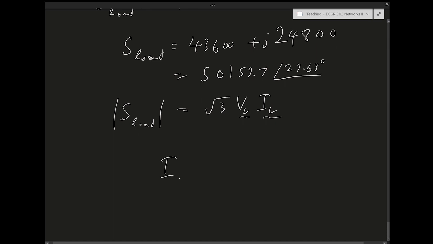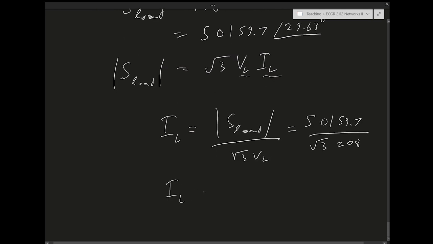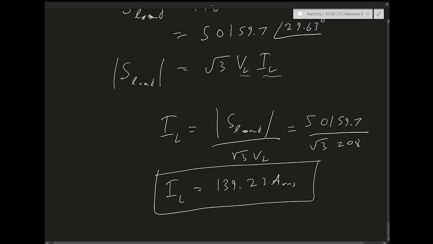So that tells me that IL is going to be the S load magnitude over square root of 3 VL, which is 50,159.7 over square root of 3 times 208. So this gives me IL equals 139.23 amps RMS. This is my first thing I wanted to calculate.